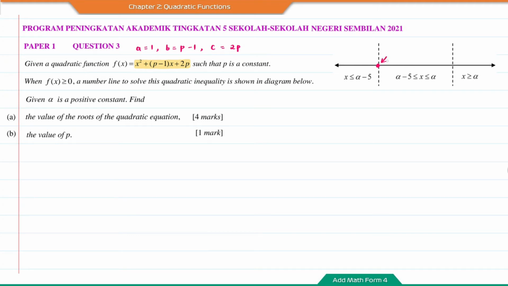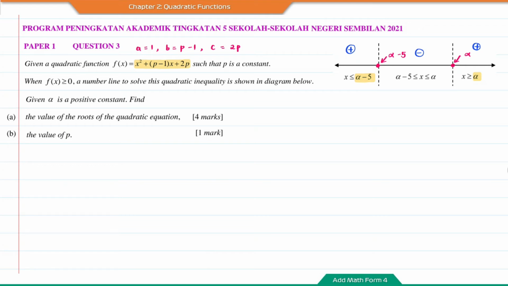The value at the dots here, this value is equal to alpha minus 5. And the value for the other one here will equal alpha. So this is the number line method. Here is the positive part, and in the middle it is going to be the negative one.